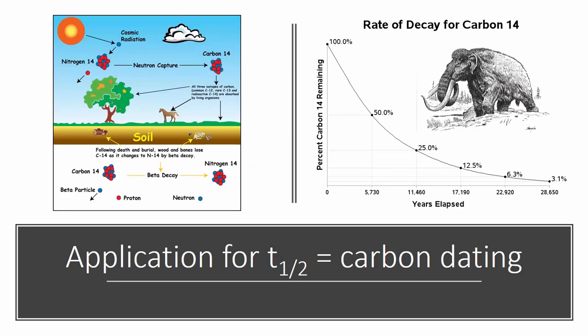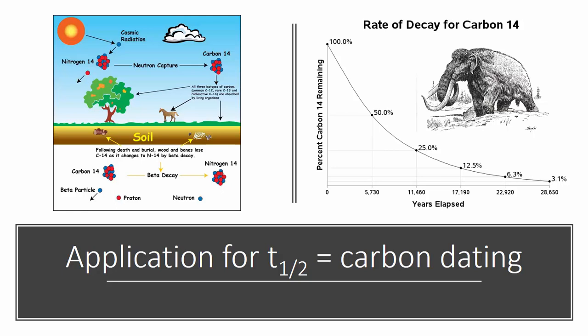Okay, so we've heard half-life before. Probably a lot of you have heard it from me quite a bit. So what is one application for the half-life? It's a common use that's still used today, the common use of half-life in radioactive decay and carbon dating.